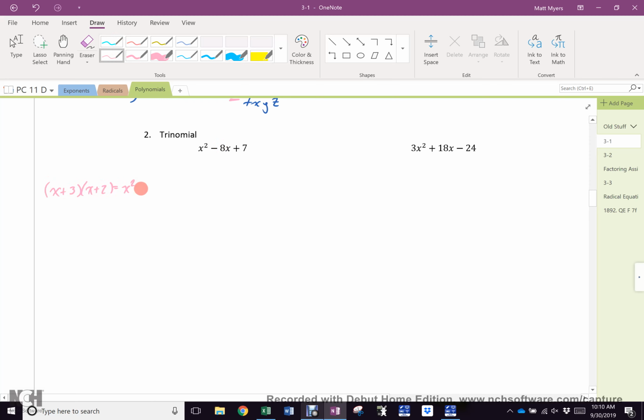X squared plus 3 plus 2x plus 3 times 2. Does everybody remember that? Okay, so if I asked you to expand this, you would go x squared plus 2x plus 3x plus 6, right? And x squared plus 5x plus 6.